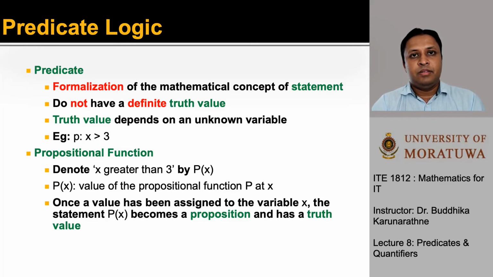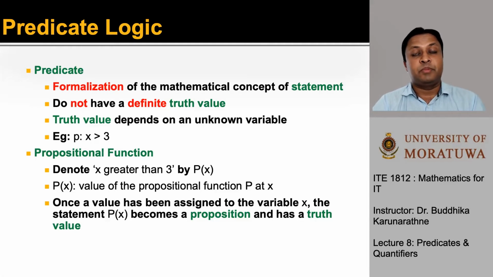And then to define the propositional function, denote x greater than 3 by P(x). So we now have a notation for that, which is P(x). P(x) is the value of the propositional function P at x. Once a value has been assigned to the variable x, the statement P(x) becomes a proposition.